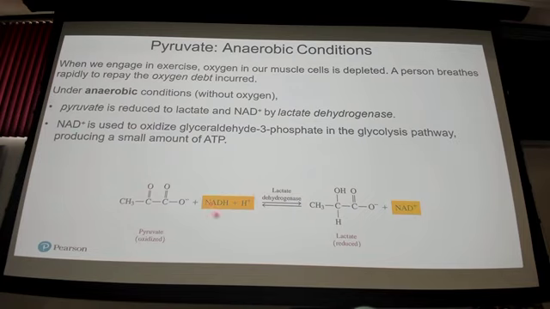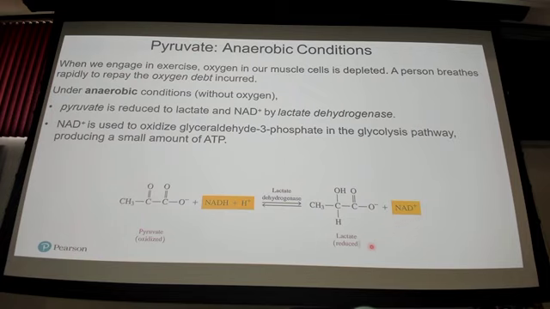Because we know NAD, as I mentioned earlier, is important for energy production, basically we lose one molecule of NAD if oxygen is not present, and we're going to talk about that in the last lecture of this block when we talk about the electron transport chain.